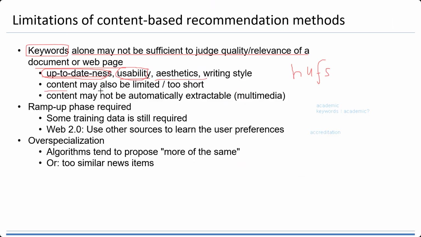And the content may also be limited or too short. So if the keyword or the content is very short, like "I like the school," it's very short, so it cannot represent the contents. Or the contents may not be automatically extractable, like multimedia.